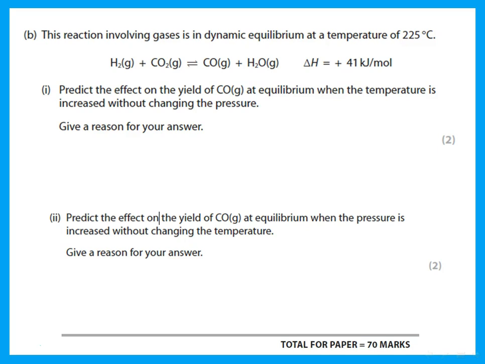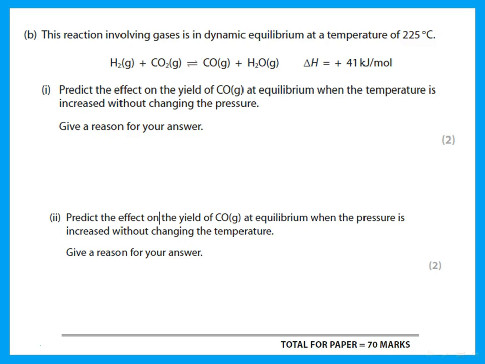Increasing the temperature goes endo. Now, where is my endo in this equation? He is telling me that for this reaction, the delta H is plus 41. And that means going forward, hydrogen plus carbon dioxide to form CO plus H2O, that is an endothermic reaction. And that means if I increase the temperature, it will go forward, or the equilibrium shifts to the right.